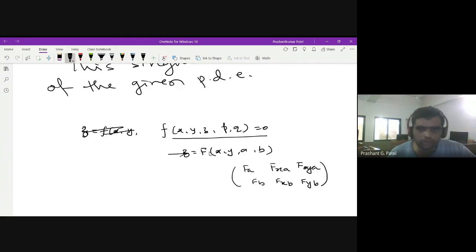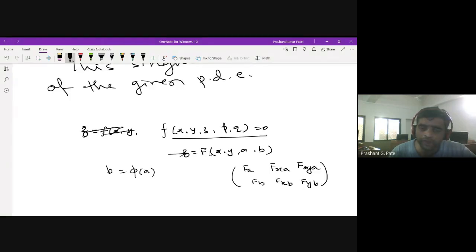General solution means you can express your b as a function of a, that means you will have a one parameter family of surfaces. And if you substitute particular values of a, then different values of b will give me a particular solution, or I can say integrals.